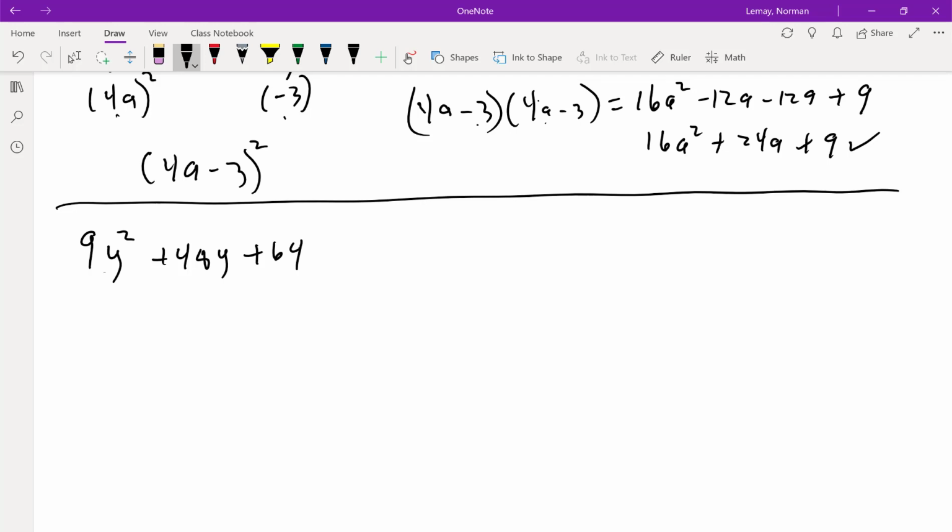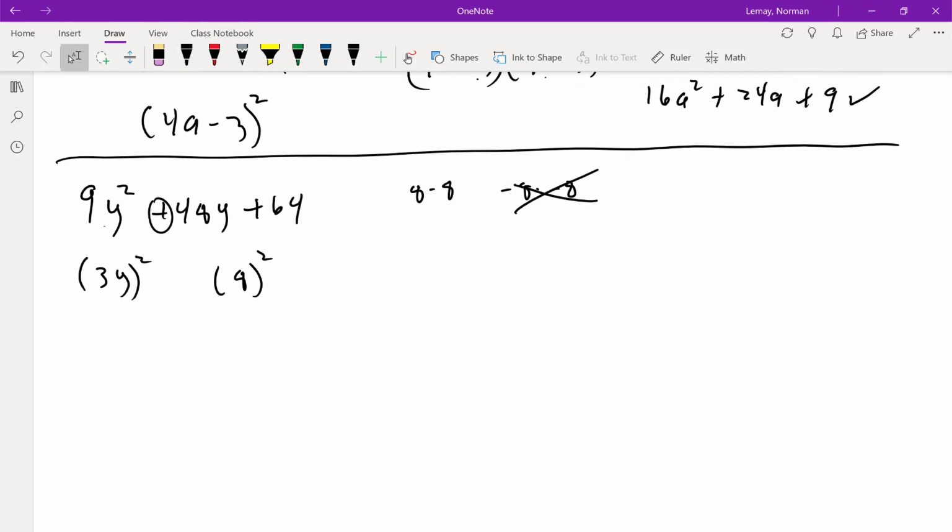And now we take a look at our first term here, and I can see that this can be written as (3y) squared. And I can see that 64 is 8 times 8. And it is also negative 8 times negative 8. But since we have a plus sign, we don't need the negatives here. So we can rewrite this as 8 squared. So again, we have to do our check for the middle term.